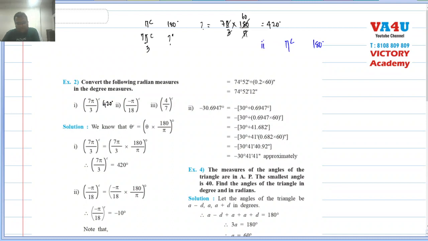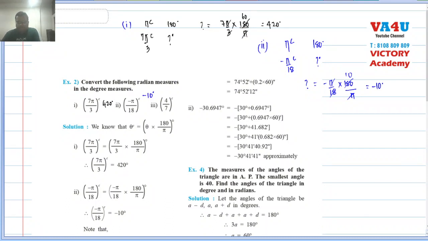So minus pi by 18 radians is how many degrees? So question mark is equal to minus pi by 18 into 180 upon pi. So this is minus 10 degrees. The answer is minus 10 degrees.